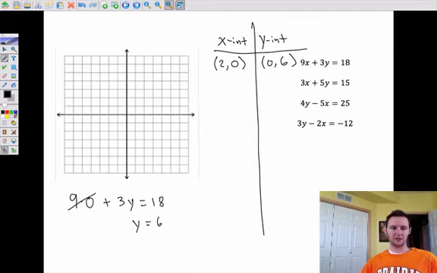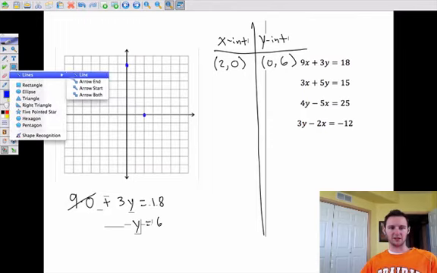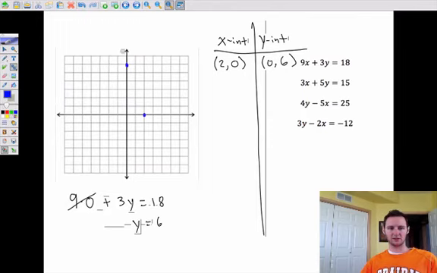So I'm going to plot those 2 points on the graph. 2, 0 is right there. 0, 1, 2, 3, 4, 5, 6 is right there. And I've got the 2 points that I need to draw this line.